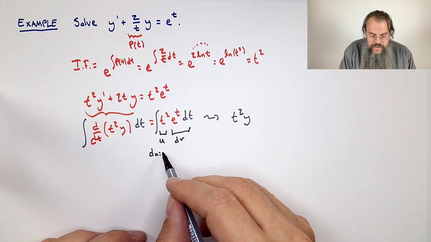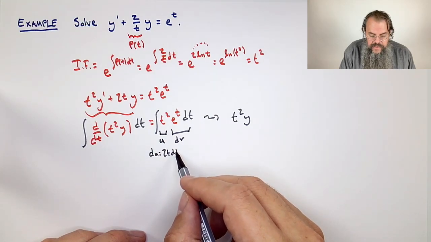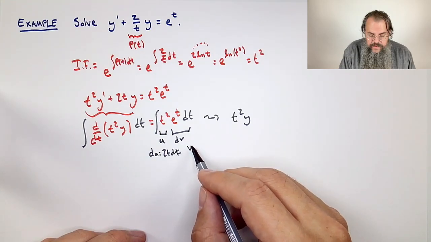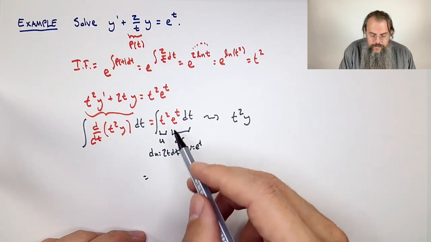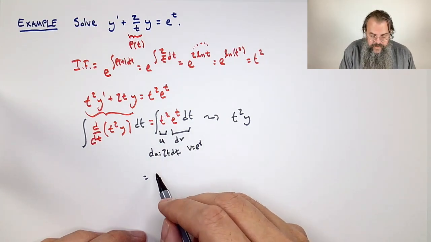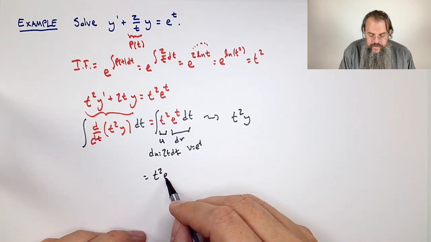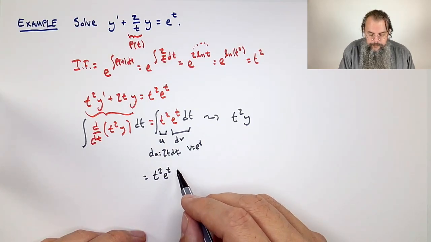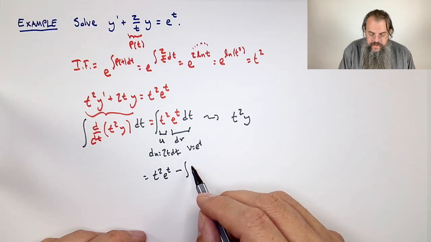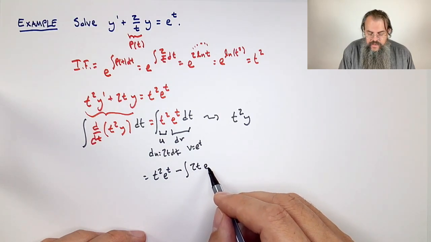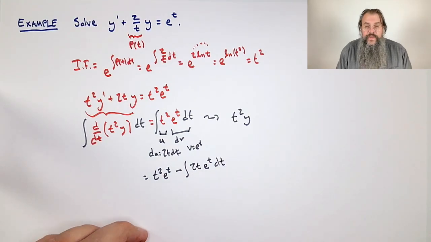So du will be 2t dt, and v will simply be e to the t. So according to integration by parts, this will be u times v, which will be t squared e to the t, minus the integral of v times du. So that'll be 2t e to the t dt.